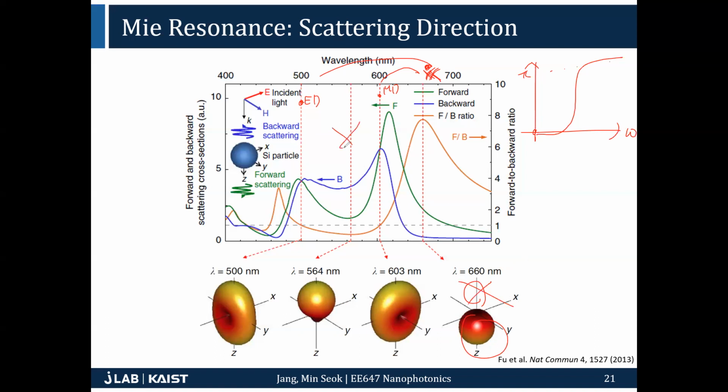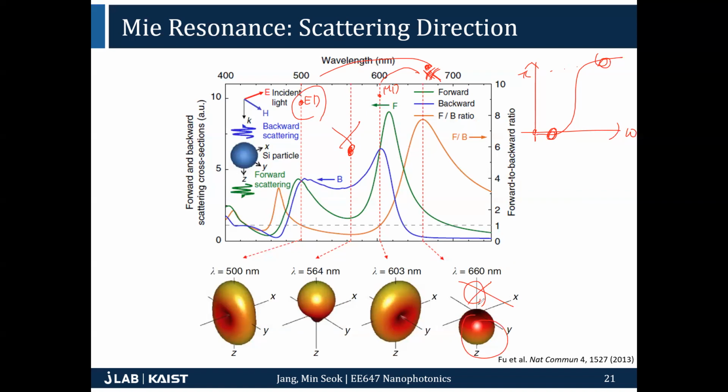But in the middle, the electric dipole is in this regime, whereas the magnetic dipole is in this regime, right? Because it's on the right side of the electric dipole, whereas it's on the left side of the magnetic dipole. So the magnetic dipole direction is basically flipped.